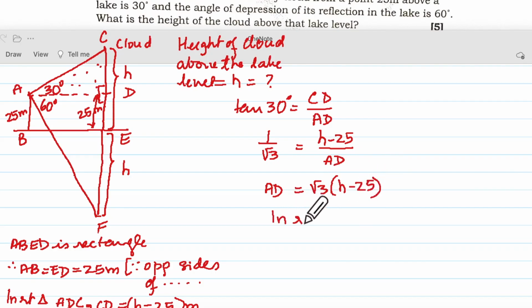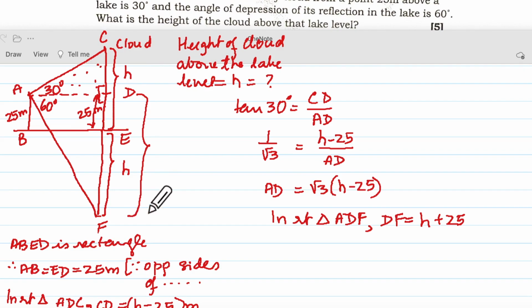Then in the other right triangle ADF, DF is going to be equal to H plus 25. Can you see that? DF is from here to here. What is that? H plus 25. If you are getting confused, write like this and write where this is H minus 25 here.